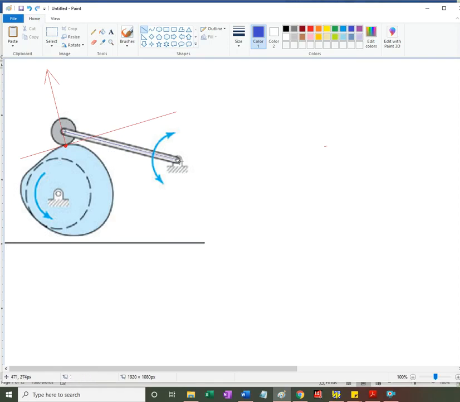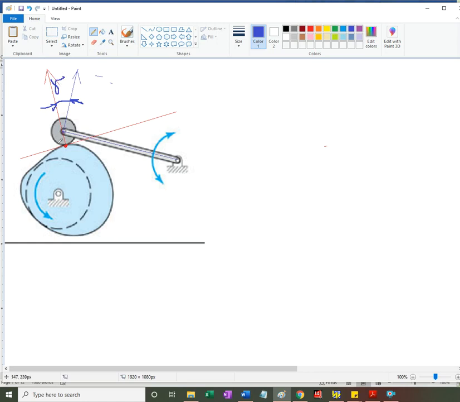So I'm connecting the center of the roller with the ground joint of the follower, and I'm showing perpendicular the velocity vector. Okay, so the angle between the two is going to be gamma, the pressure angle.